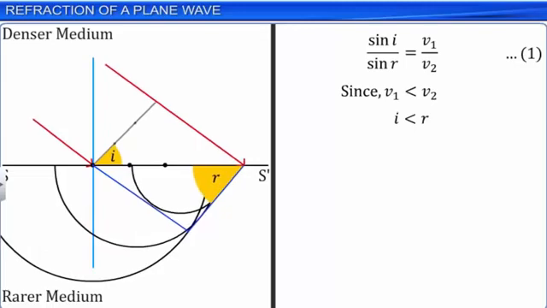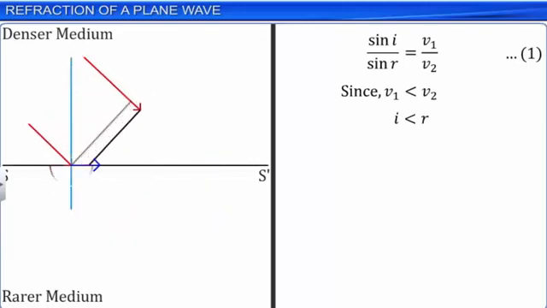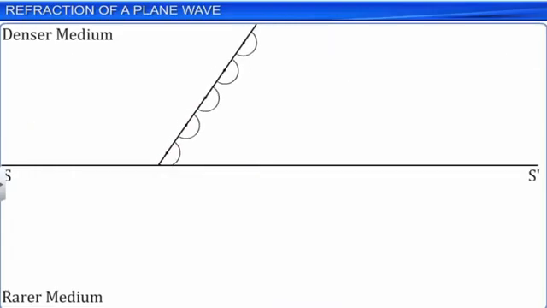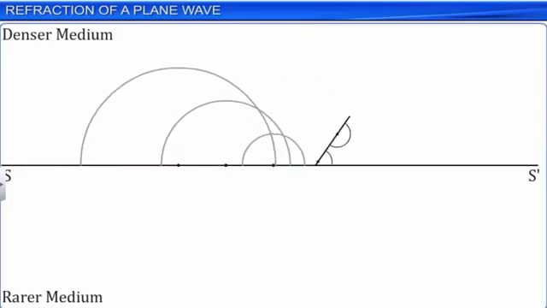For a particular angle of incidence known as critical angle, the angle of refraction becomes 90 degrees and the wave grazes along the interface SS'. If the angle of incidence is greater than the critical angle, we will have total internal reflection.